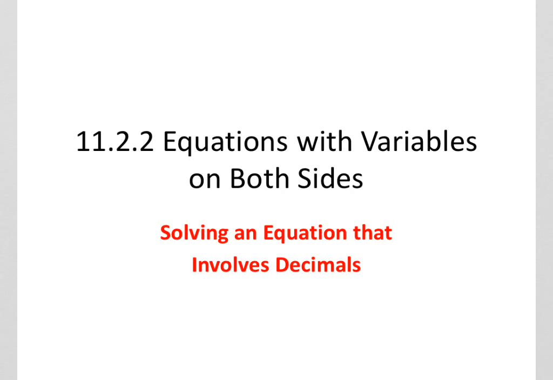So we've looked at them involving fractions, which is another form of rational numbers, just like decimals are a form of rational numbers. And we saw where we literally found the least common denominator and multiplied and turned these fractions into integers, and it was easier to work with them.